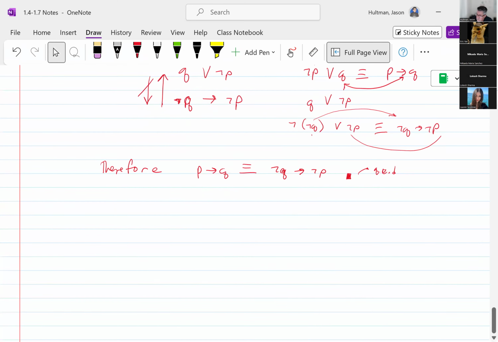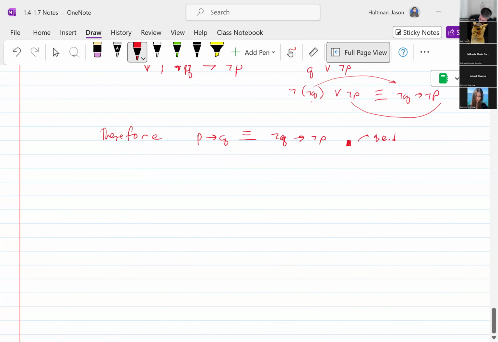Okay, example 2. Simplify the compound proposition. Here we're just simplifying, we're not actually proving.